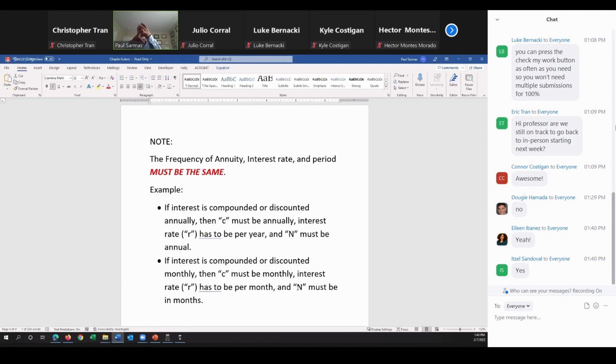What if it's not? Divide by 12. Make sure the period is per month, multiplied by 12, if it's not. So your R is compounded monthly, your C has to be per month, your N must be months. They all have to be the same for the formula to work, for the calculator to give you the right answer.